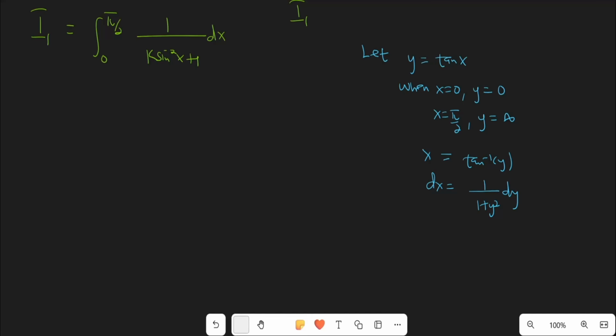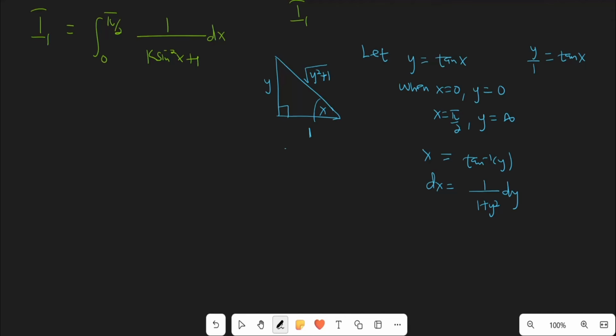Now what about sine of x? So for sine of x, I'm just going to draw a right triangle here and demonstrate that. So y over 1 is equal to the tangent of x. That is a substitution. So our angle here is x. So tan of x is opposite, which is here, over adjacent, which is here. And the hypotenuse, the line opposite to the right angle, is equal to the square root of the sum of squares of the other sides, so the square root of y squared plus 1 squared.